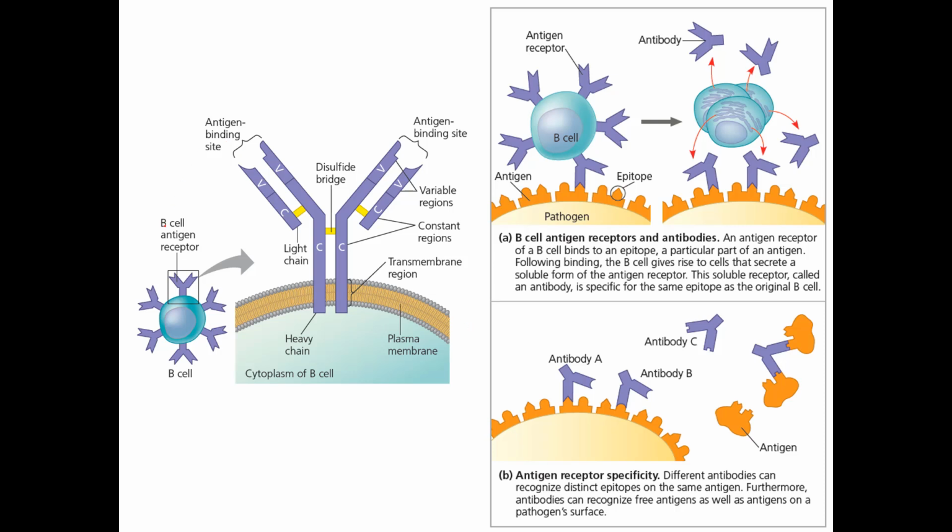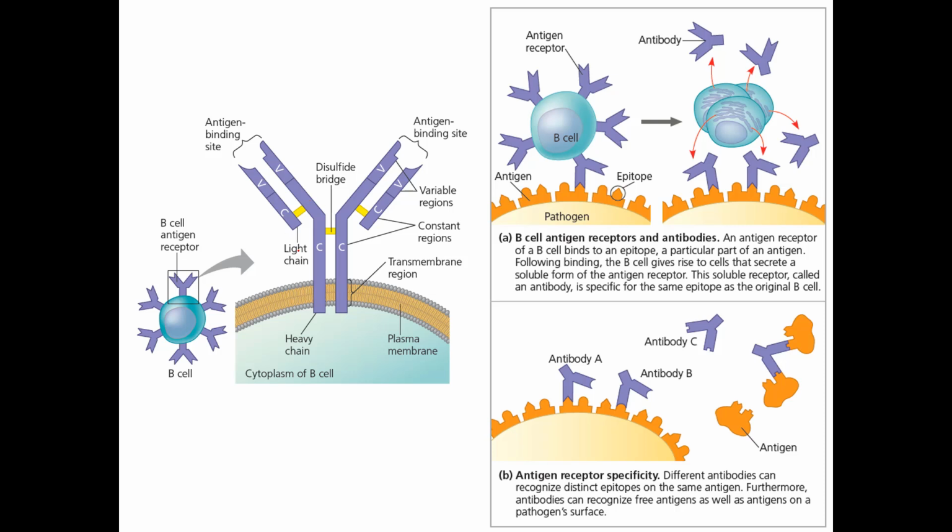Now, this B cell antigen receptor has a peculiar structure. It is composed of two heavy chains. These long ones are the heavy chains, which have the transmembrane region, and there are also two light chains, each light chain associated with a heavy chain, and they are joined together by disulfide bridges.